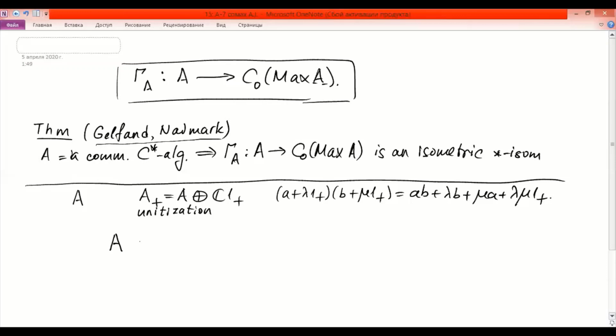So the Gelfand transform of A acts from A to C0 on the maximal spectrum. And the Gelfand transform of A plus acts from A plus to the algebra of continuous functions on the maximal spectrum of A plus.